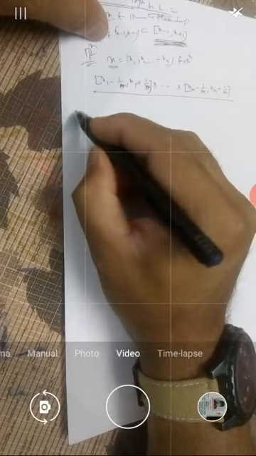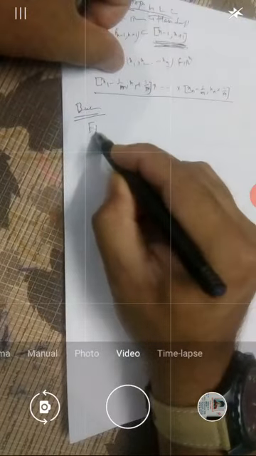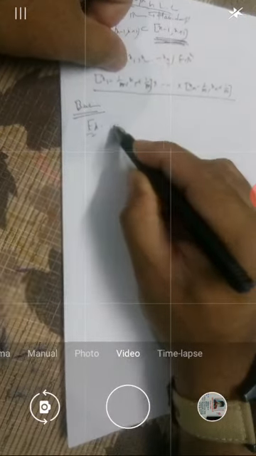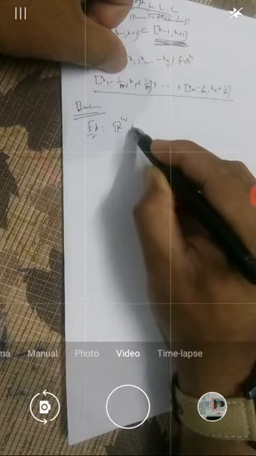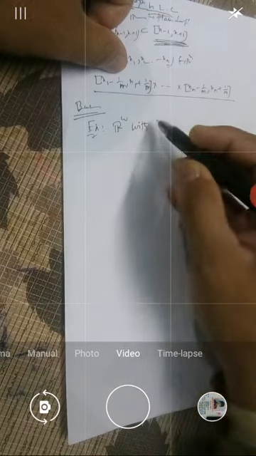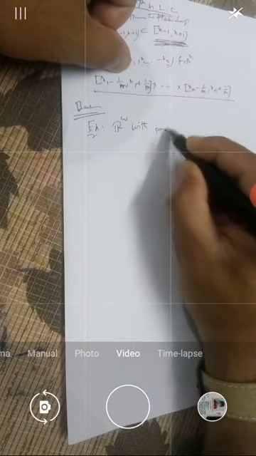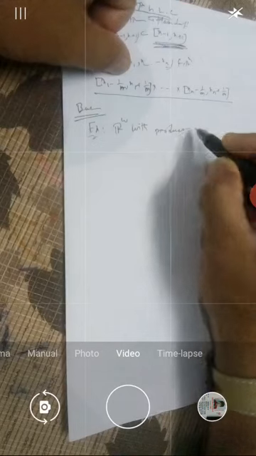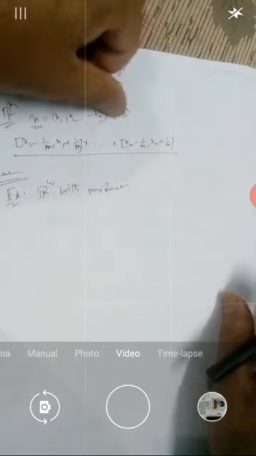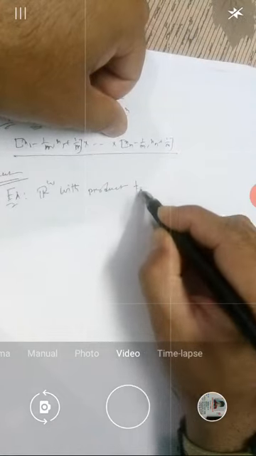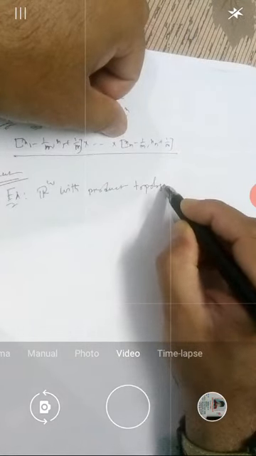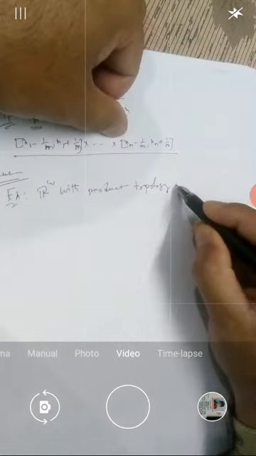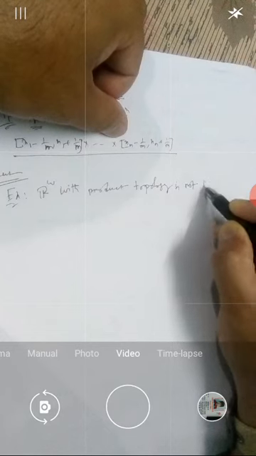but if we consider another example, R omega with product topology, the R omega with product topology is not locally compact.